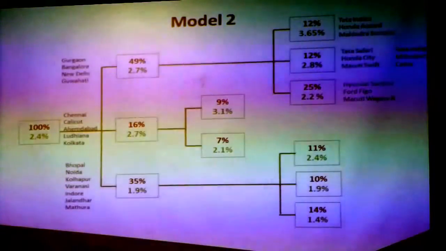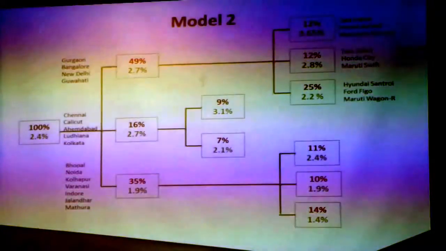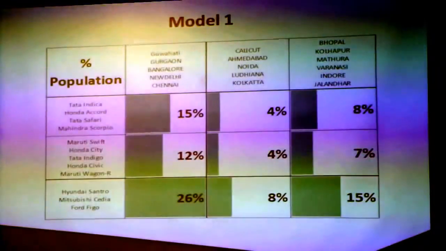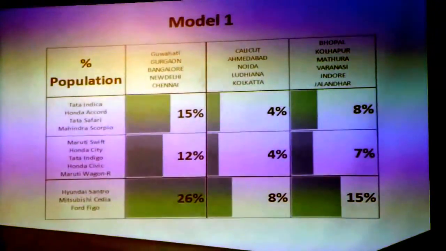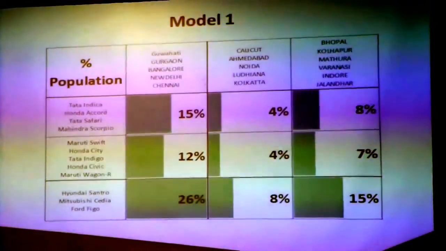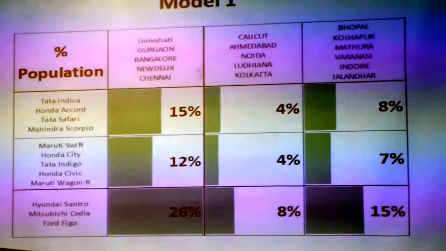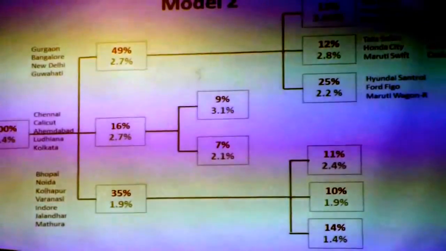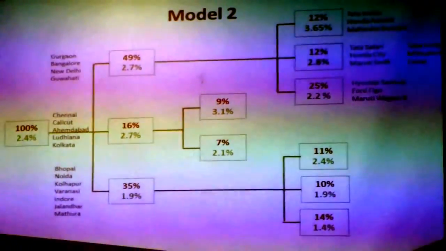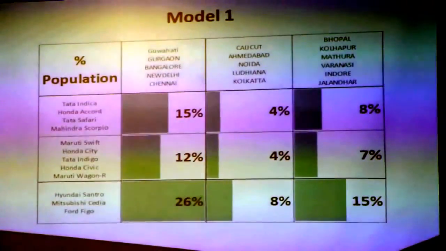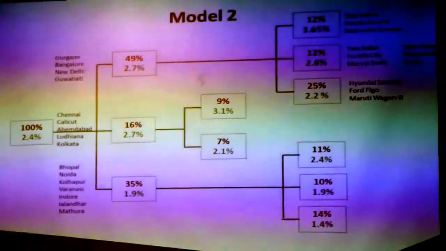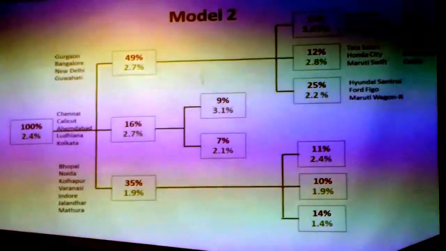Okay. So, and what you can also see is, Guwahati, Gurgaon, Bangalore, Delhi, and Chennai are the cities that have been classified as high-risk cities, right? When we move to the tree approach, Chennai has moved from that bucket.